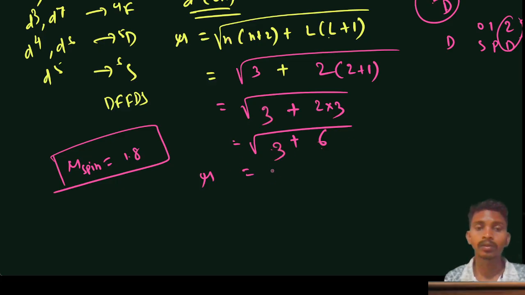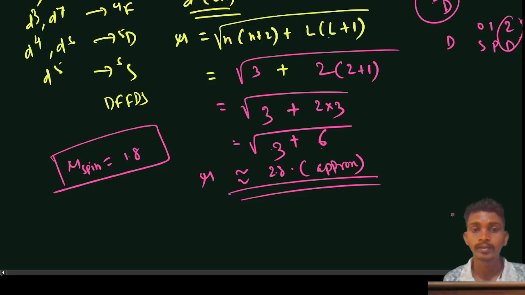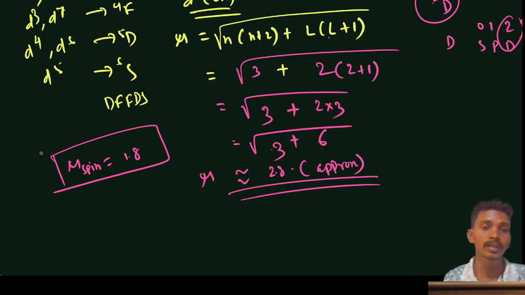So this value will be something like 2.8, some approximate value, because the triply degenerate state is there. If you calculate only the spin-only magnetic moment, we get 1.8, but the actual experimental value will be something like 2 to 2.8 or 2.5.